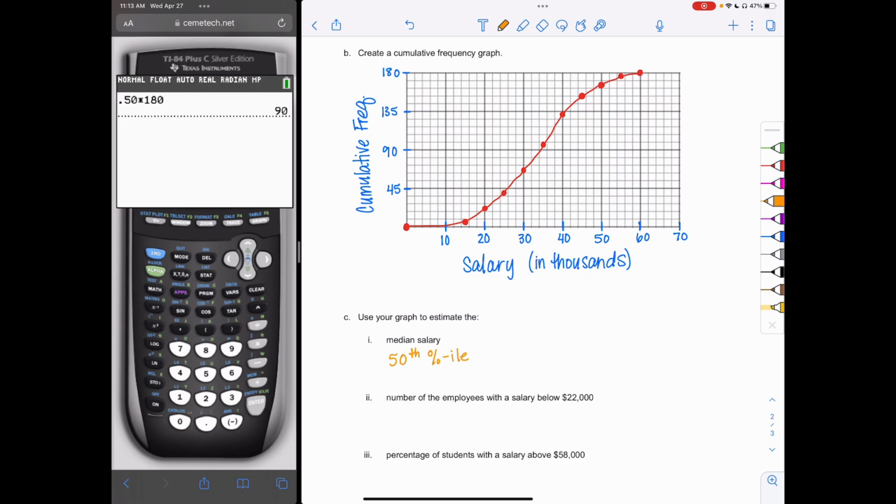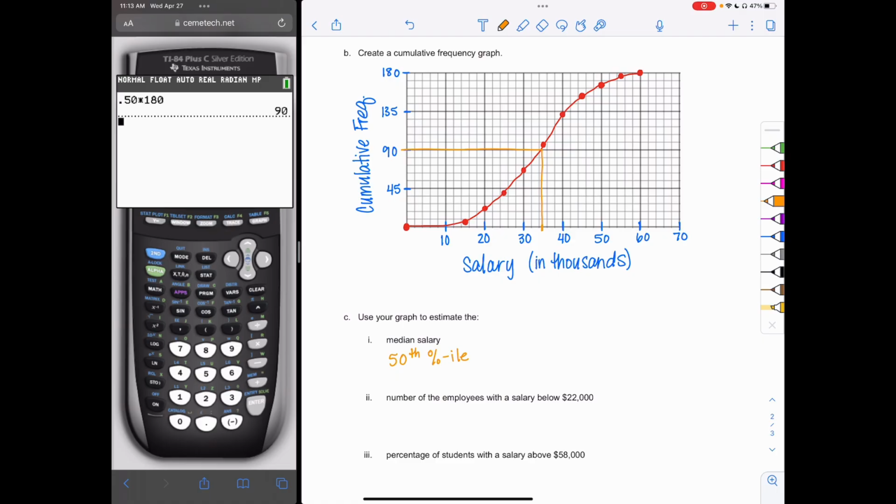So all I have to do is go to 90 on the cumulative frequency, and then I trace my line over to the graph, and then I come down. I am going to be a little bit below halfway. If I'm going by twos, that's 30, 32, 34.